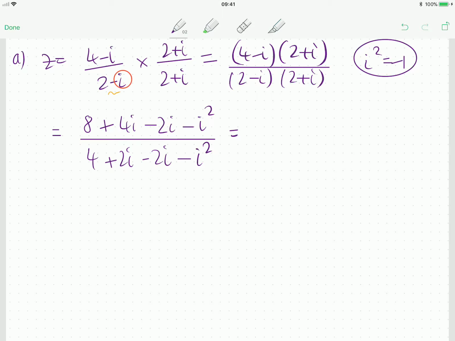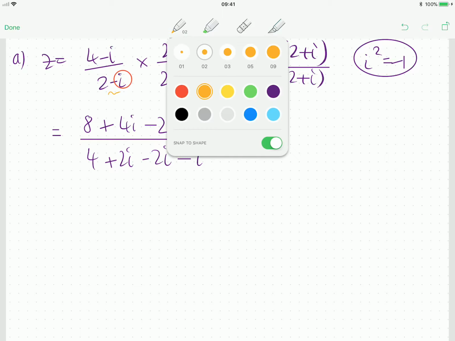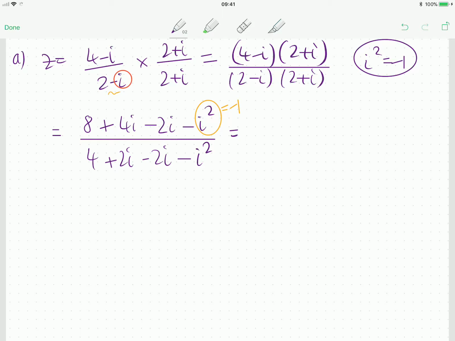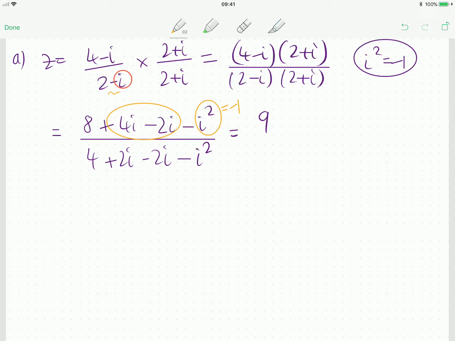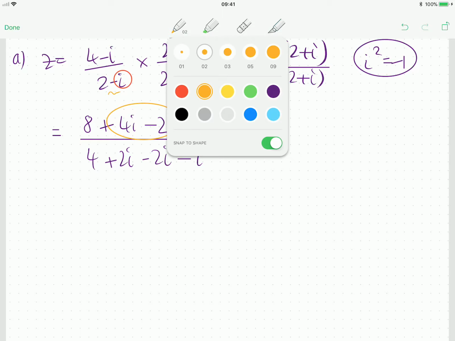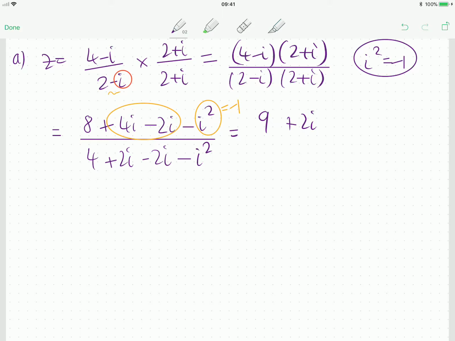So on the top, let's highlight it. We have this i squared. Well, this is minus 1. So actually we have 8 minus minus 1, which is 8 plus 1, which is 9. And in the middle, we have 4i take away 2i, which is 2i. That fixes the top. How about the bottom?